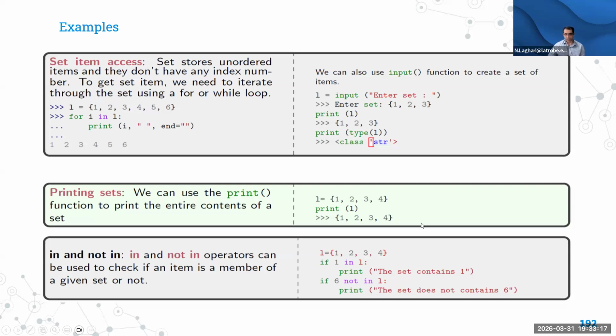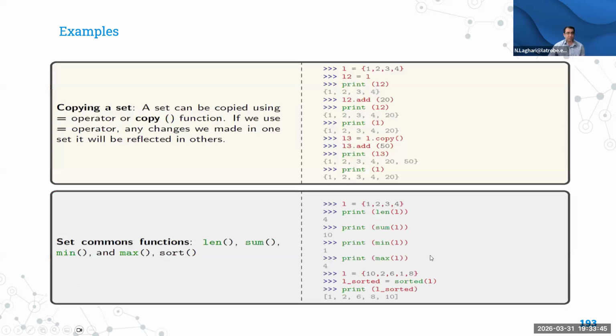And you can print sets using the print statement; the whole set would be printed. The in and not in operators can be used to check if an item is present, as I have explained. If 1 is in L, the set contains 1. If 6 is not in L, the set does not contain 6. You can write certain conditions like this.